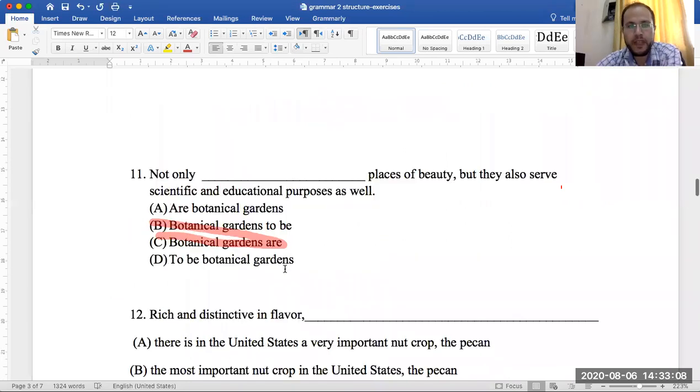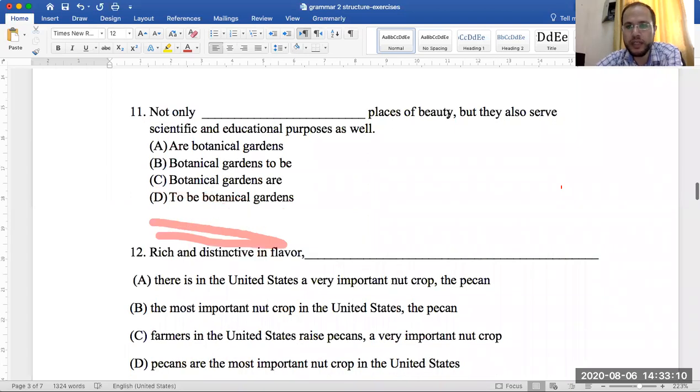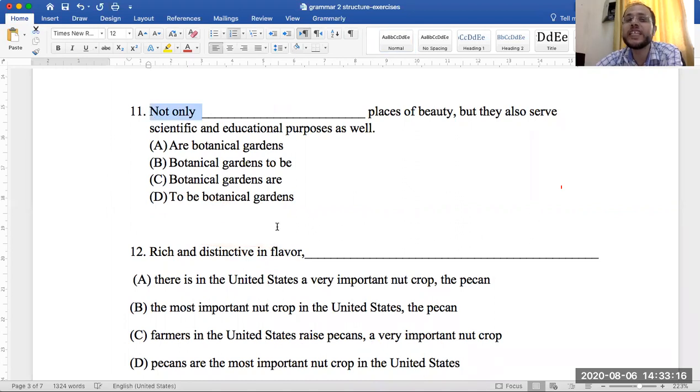Okay, I can summarize this information quickly. When you begin sentences with negative expressions like not only, never, rarely, scarcely, barely, hardly, you use a question form, subject-verb inversion. Once more: when you begin the clause with not only or any negative expression, you have to use subject-verb inversion, meaning a question form.